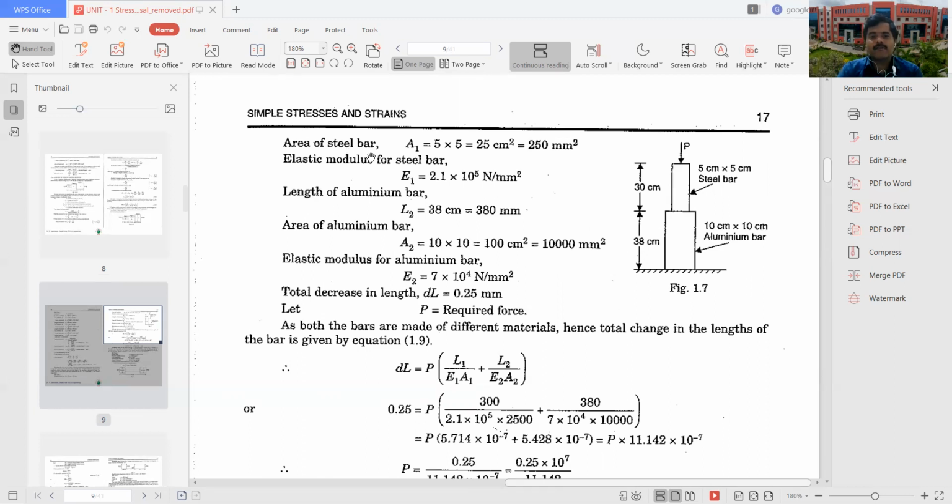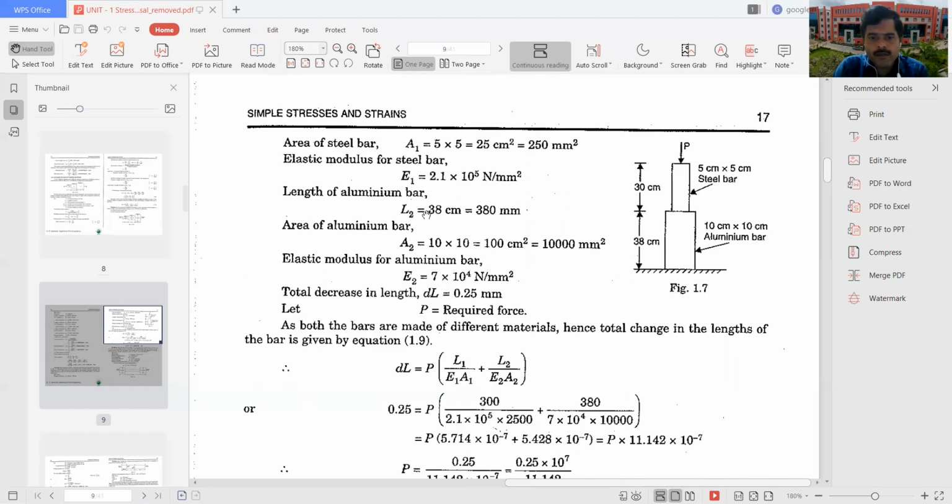So the area of the steel bar A1 is equal to 5 centimeter by 5 centimeter. So 5 centimeter is equal to 50 mm. So 50 into 50, 2500 mm square. Here there is a mistake. And the elastic modulus of the steel bar E1 is given as 2.1 into 10 power 5 Newton per mm square.